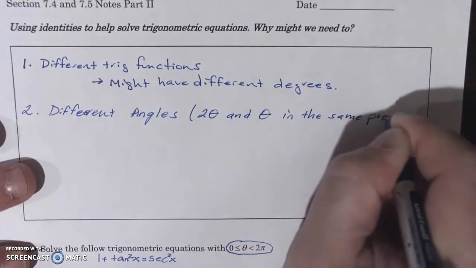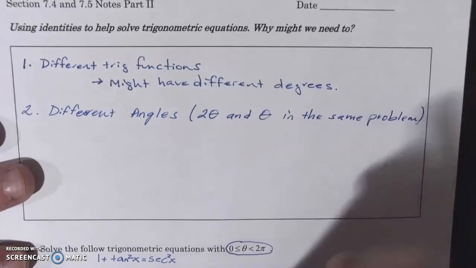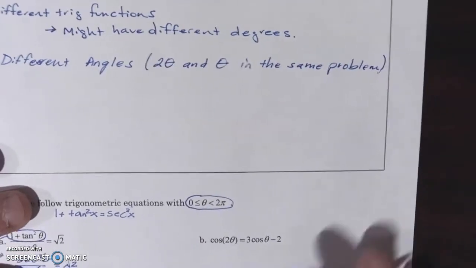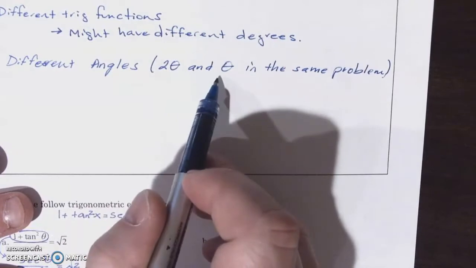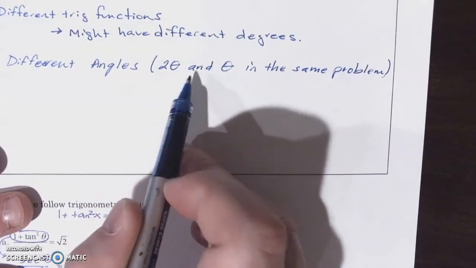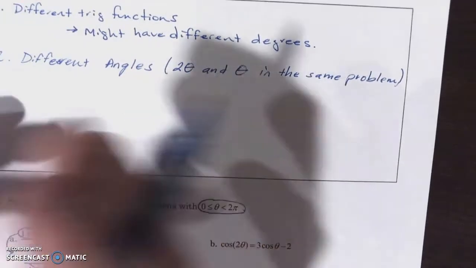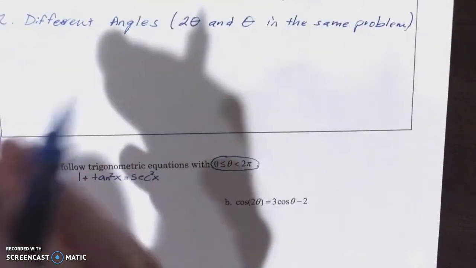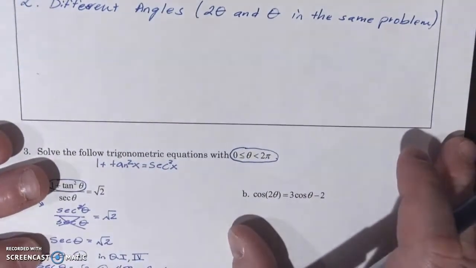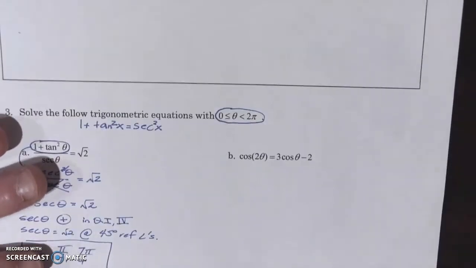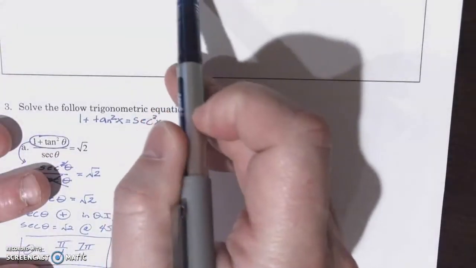Now, this might not look like they're two different angles, but they certainly are. Since we don't know what theta is, we don't know how 2 theta and theta relate. But luckily for us, we learned in section 7.3 that we have identities for these double angles.